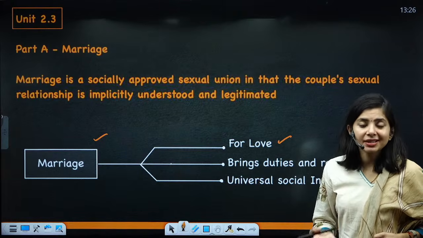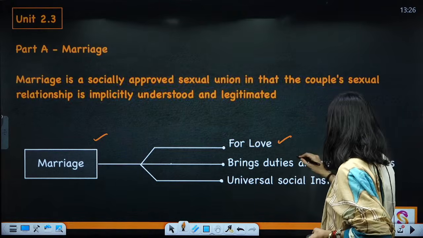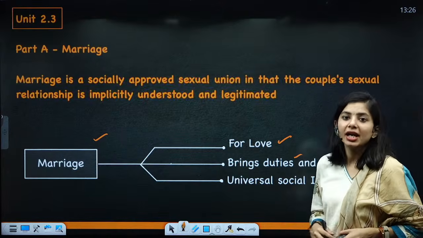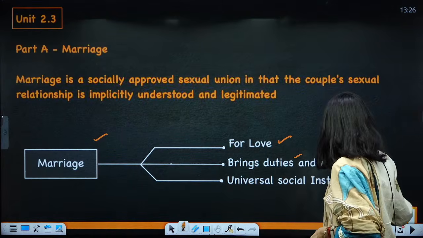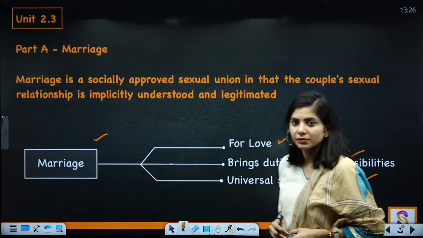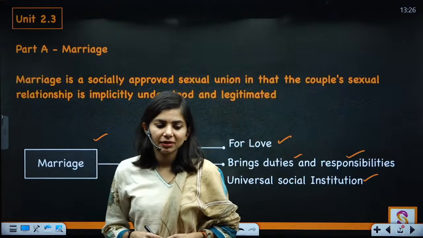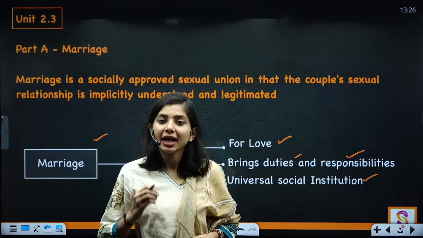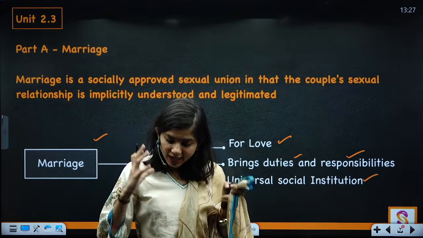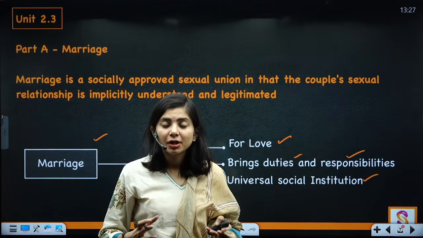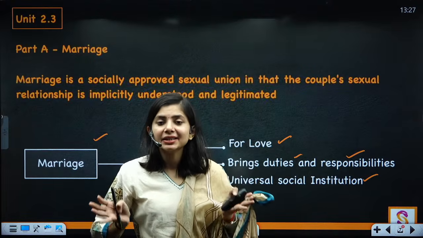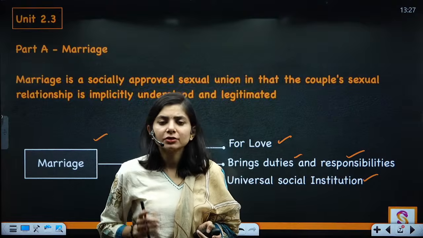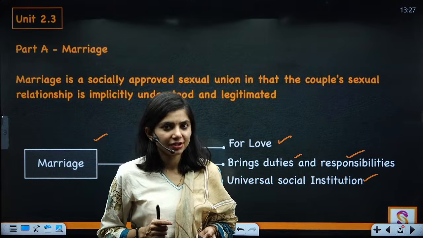They are doing marriages because marriage brings duties as well as responsibilities. And they are engaged in marriage because it's a universal social institution. This is something which is acceptable. This is something which provides you legitimacy. This is something which helps you to have relationships which are bounded by some boundaries. Fine. So that's why people are engaged in marriage.